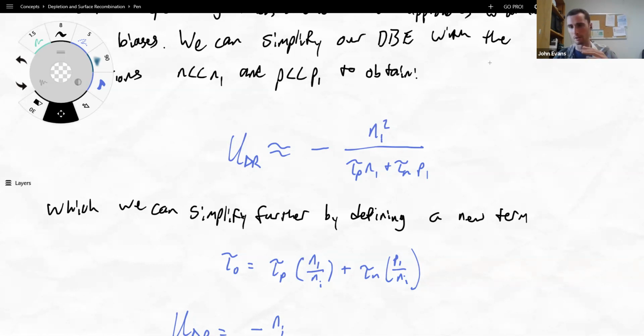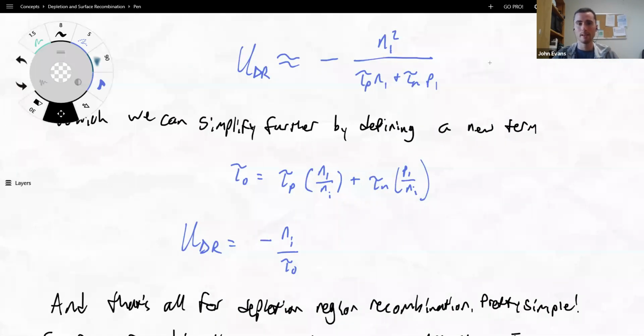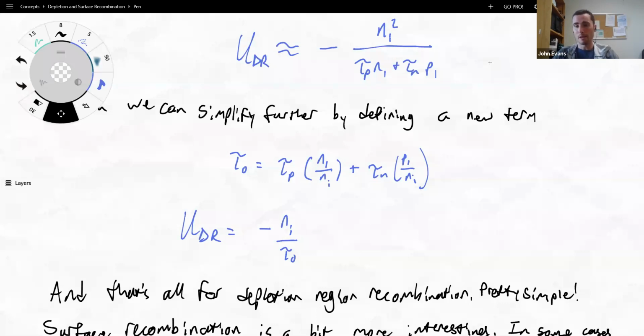Then we do the same thing for the hole lifetime and add them both together. If we do that, the recombination constant for this recombination depletion region becomes very simple. It's just n sub i, the intrinsic concentration of carriers, divided by this new carrier lifetime, tau naught.